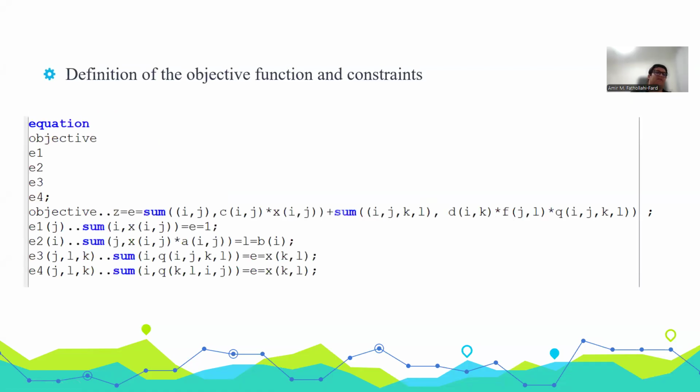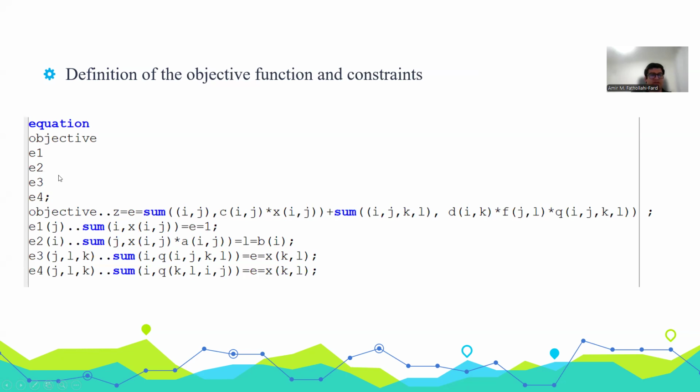And now we need to define the objective function and the constraints for this optimization problem. So we use the term equation. We first write it, and then we write the name of each equation.